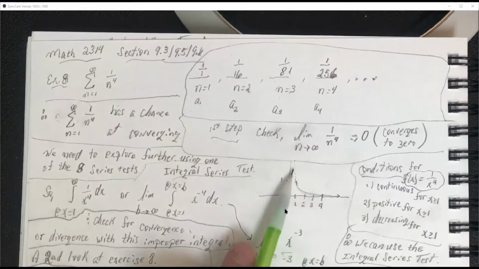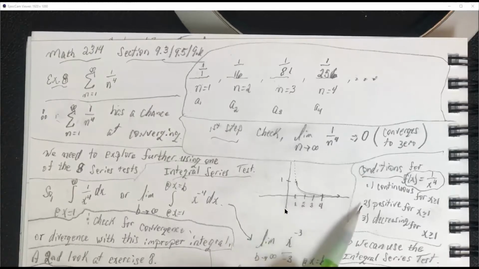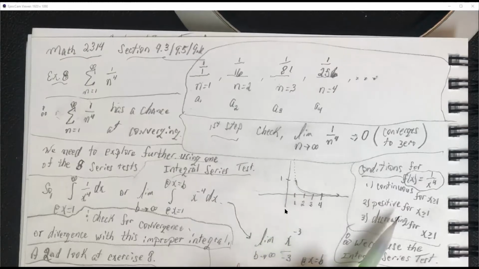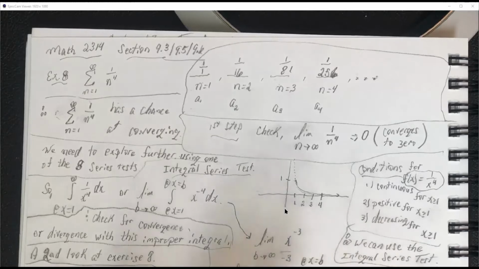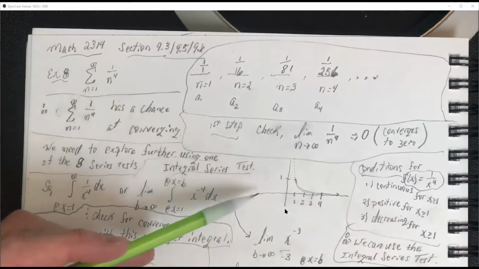Well, there is one right here, but that's at x equals 0, and we're not concerned about that. We're only concerned about starting at x equals 1 and greater. So it is continuous, no vertical asymptotes, starting at x equals 1 and onward to the right. There are no holes in the graph. There are no pieces because this is not a piecewise function. It's only one equation. Well, there is another piece, but it's over here.